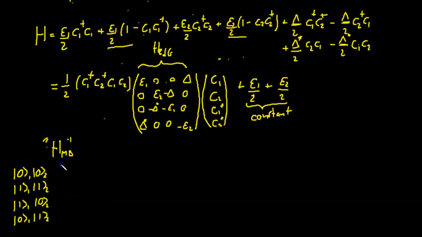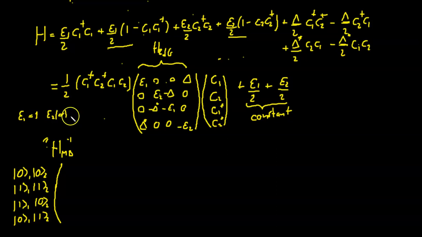And let's choose this: let's choose E1 equals 1, E2 equals 3. Actually, let's put a parameter here, alpha.